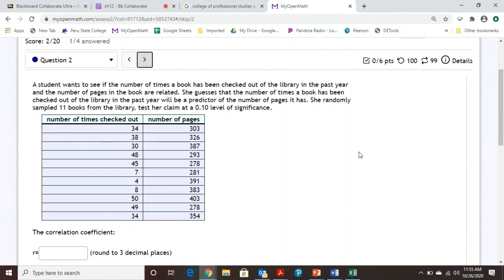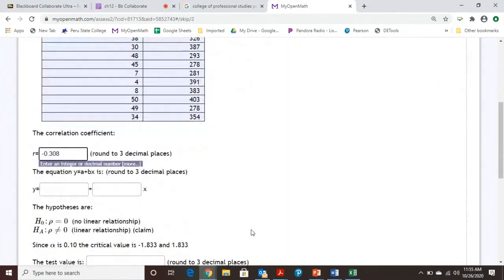So the correlation coefficient, according to my calculator, I've got to scroll all the way down. R, I should really just take that R equals off, so you have to know what it is. What does it say? 308. So this is what I'm getting in my calculator, negative 0.308. Notice that's a negative relationship, but it's kind of close to 0, so it's not all that great. It also wants to know the equation. Make sure you pay attention.